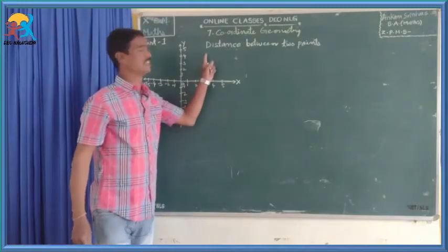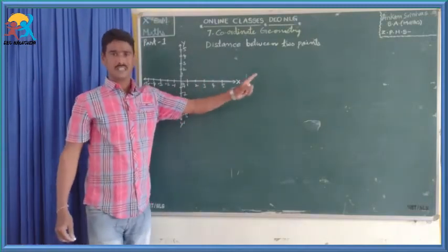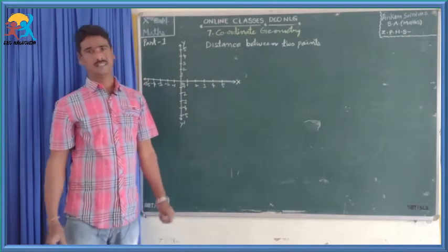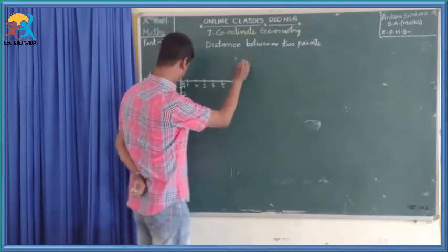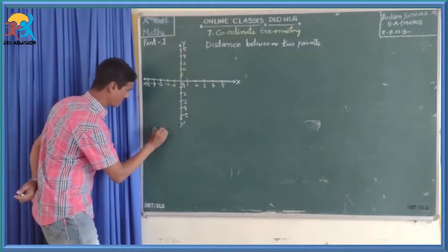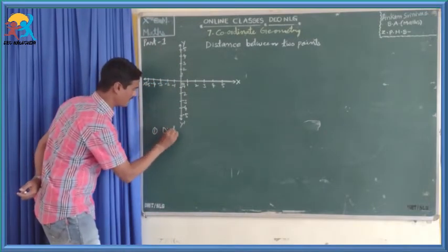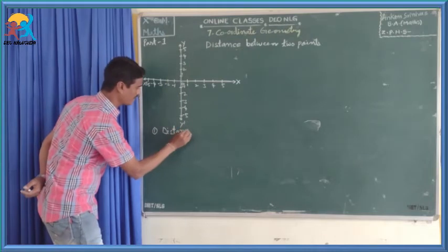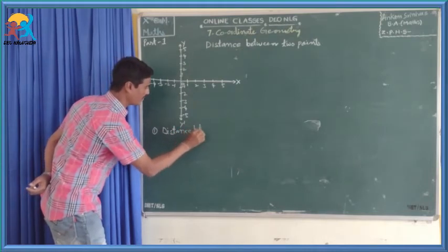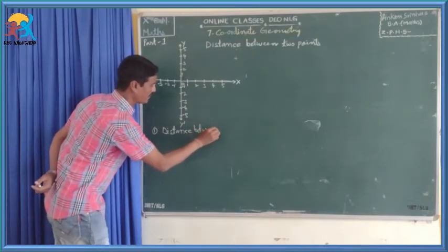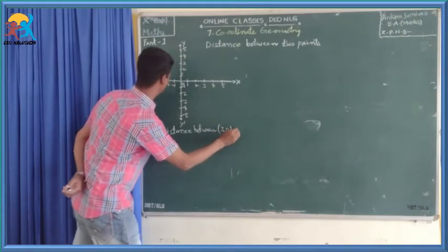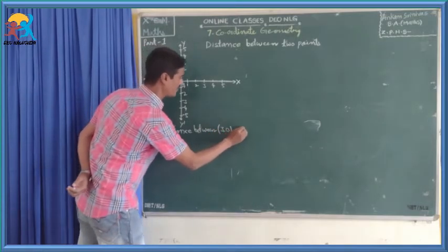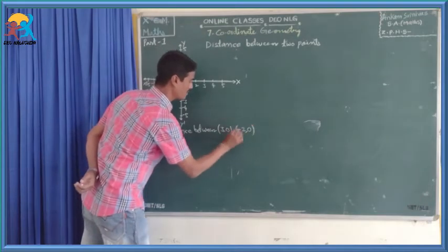Now how do we find the distance between two given points? Let us take one problem: the distance between 3, 0 and negative 2, 0.